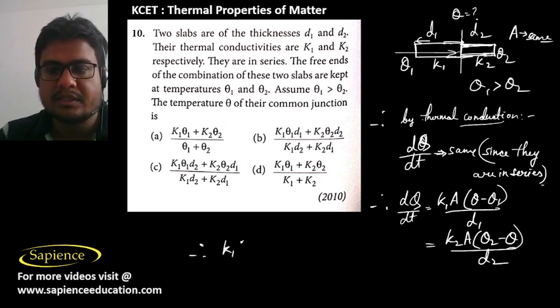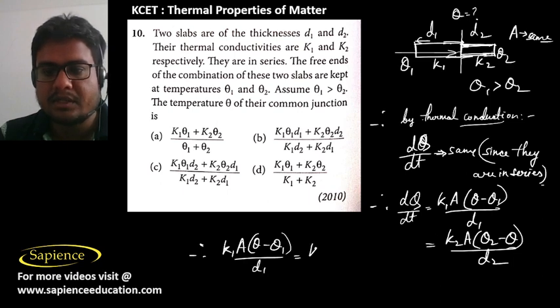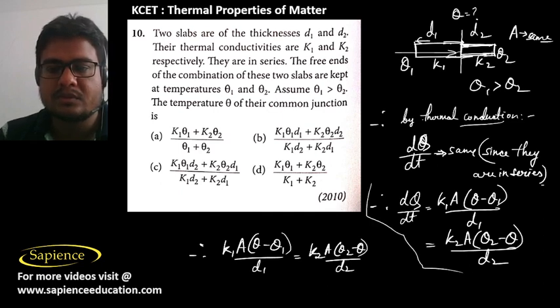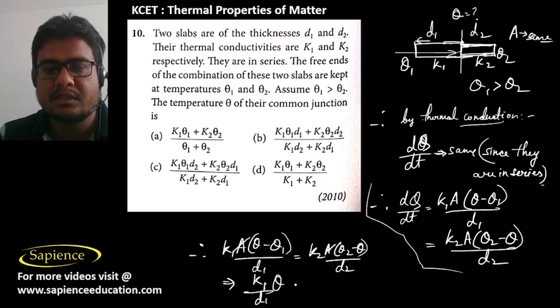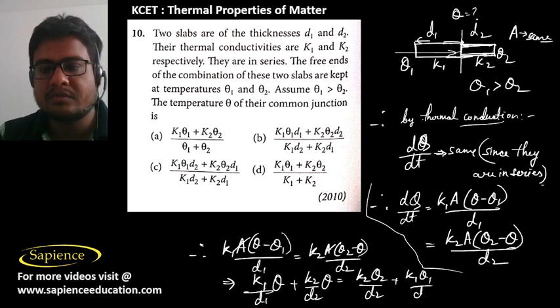So k1 A (theta minus theta 1) by d1 is equal to k2 A (theta 2 minus theta) by d2. This we have to find. A and A will cancel out. Then k1 by d1 into theta plus k2 by d2 into theta will be k2 theta 2 by d2 plus k1 theta 1 by d1.